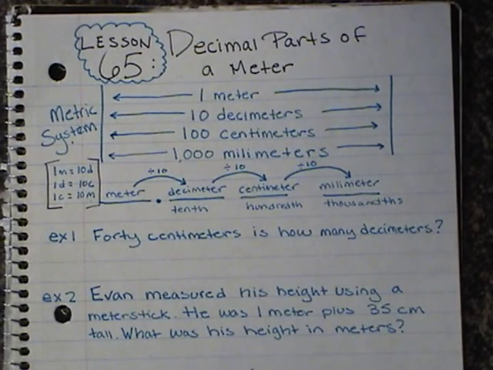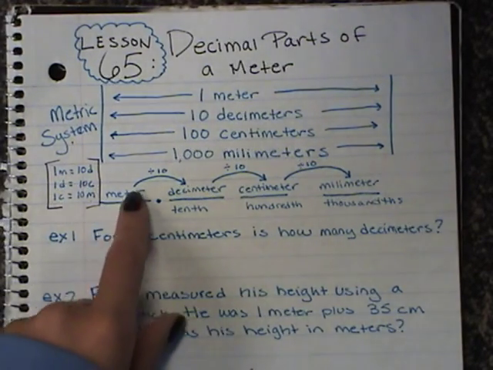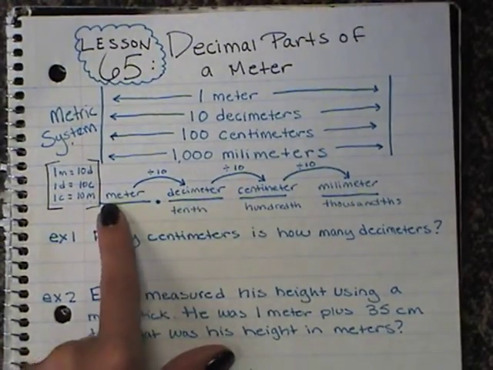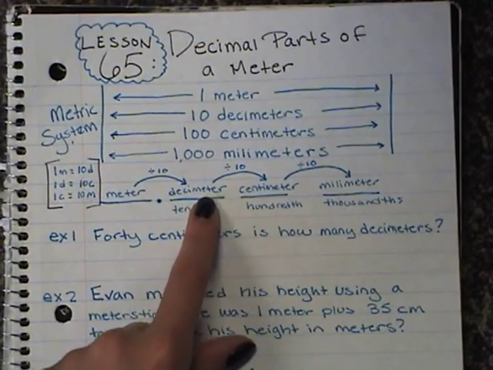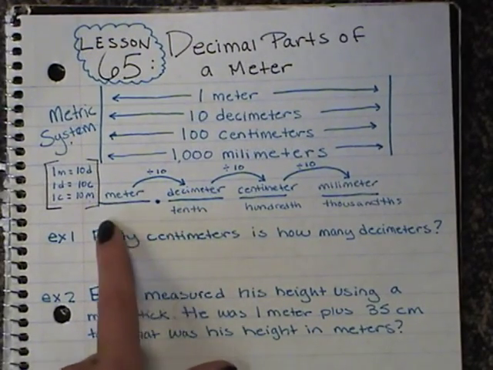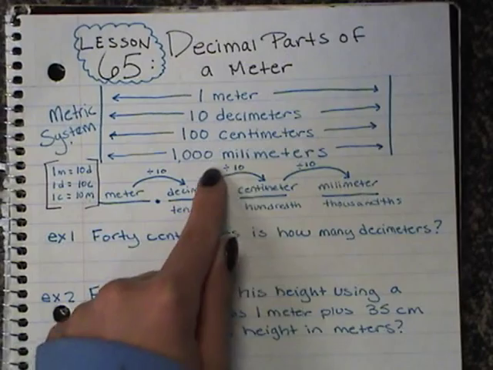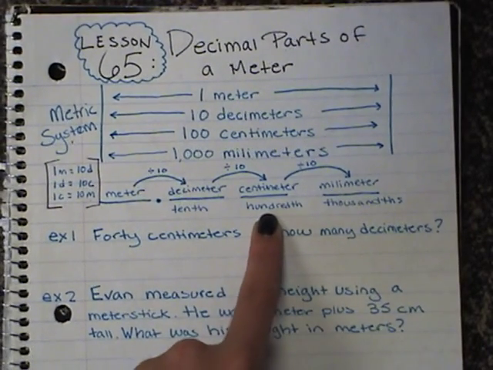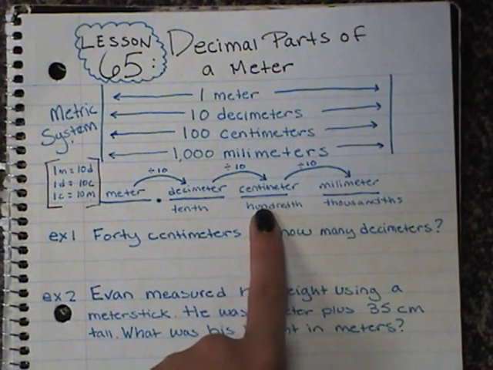So when they're divided into different units, we have 1 meter. A decimeter is a tenth of a meter, meaning 10 decimeters equal 1 meter. And then it can be divided by 10 again into a centimeter, which is a hundredth in our hundredth place. So we have our tenths and our hundredths.